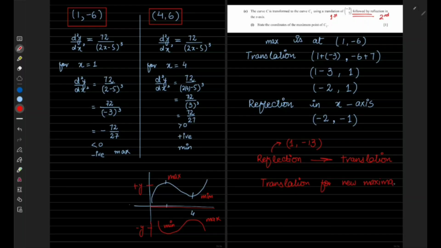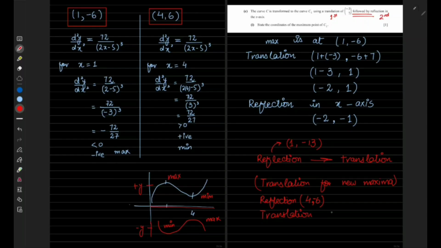And when you do that, your new maxima will be this 4 comma 6. Instead, it should become 4 comma -6 because it has reflected first. Now, this is reflection first and then translation.